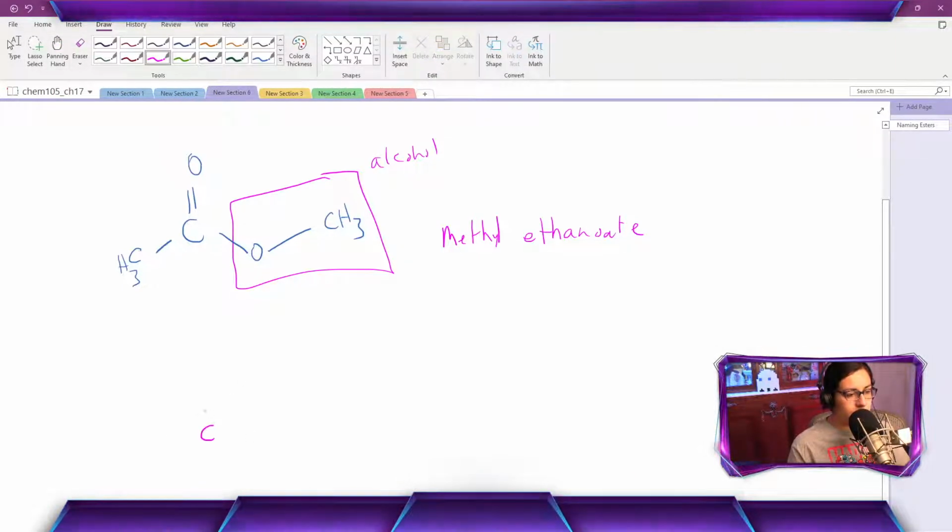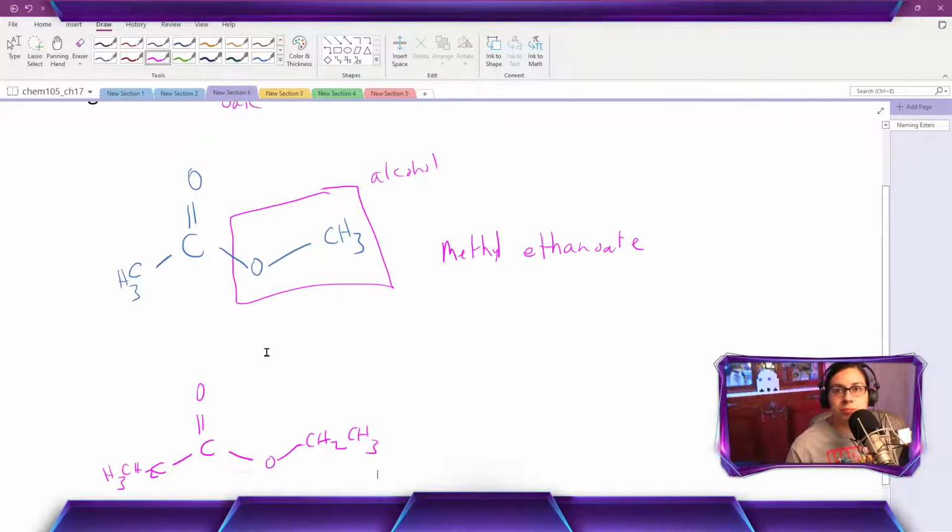So then another example. What would the name of this one be?